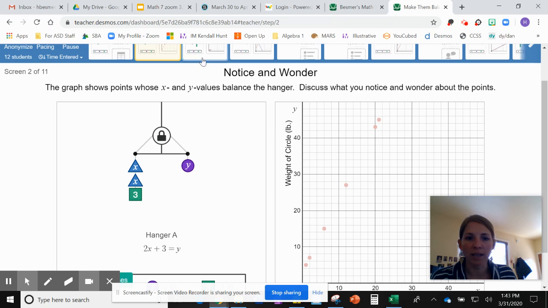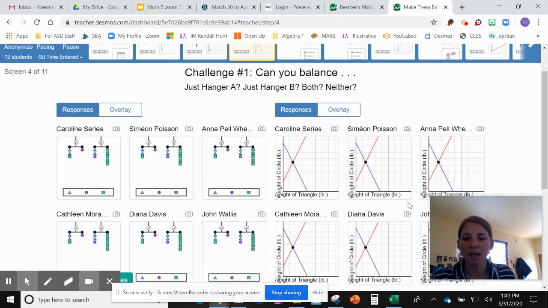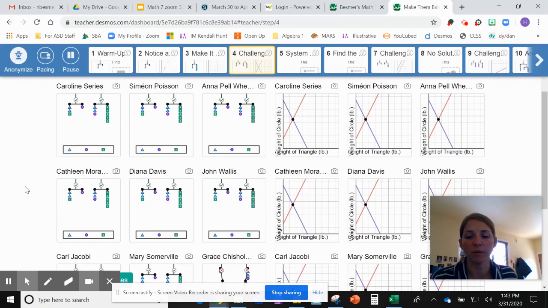So the new learning is thinking about systems of equations, where we have more than one equation going on. We're specifically looking at linear systems, but you can have any type of system with lots of different types of functions. We're focusing on linear, so we're looking at lines and thinking about what the relationship is. How do I find the solution to a system?